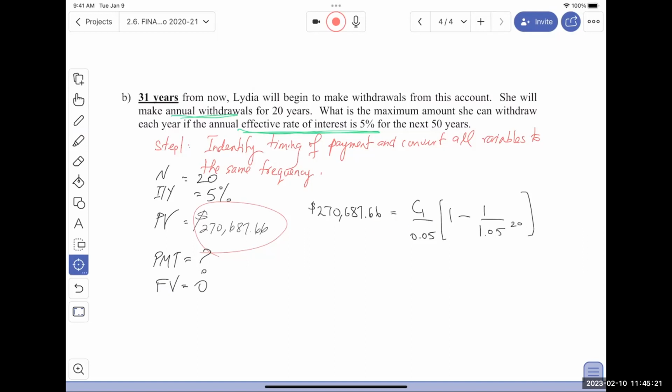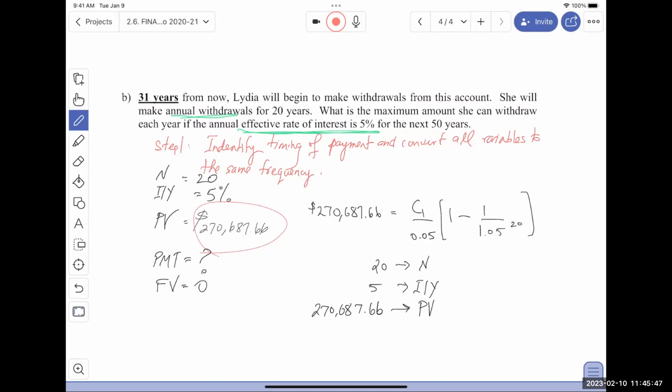I don't want to see step by step by step, because then I know that you're not using your calculator. So what you're going to put into the calculator is 20 for years, 5 for I, 270,687.66 for your lump sum amount, your pot, your fund.